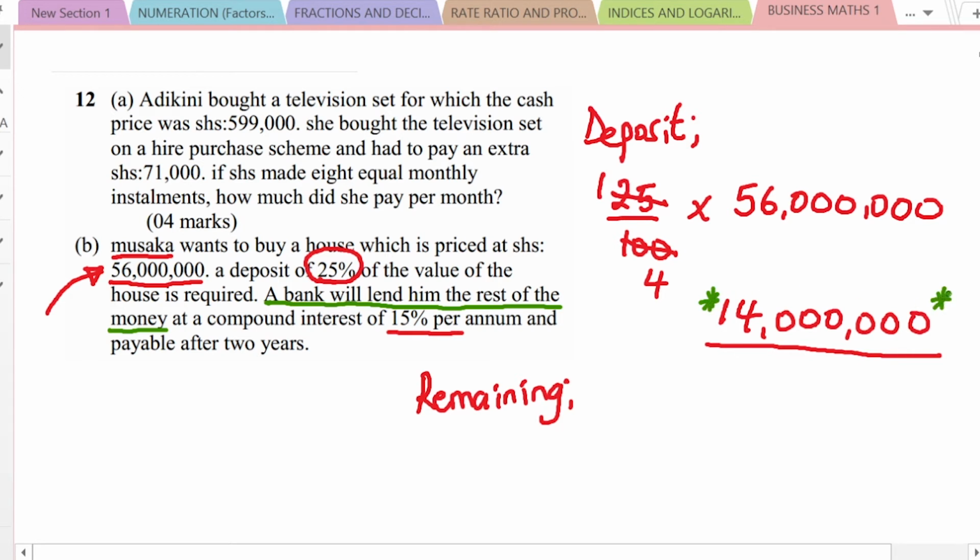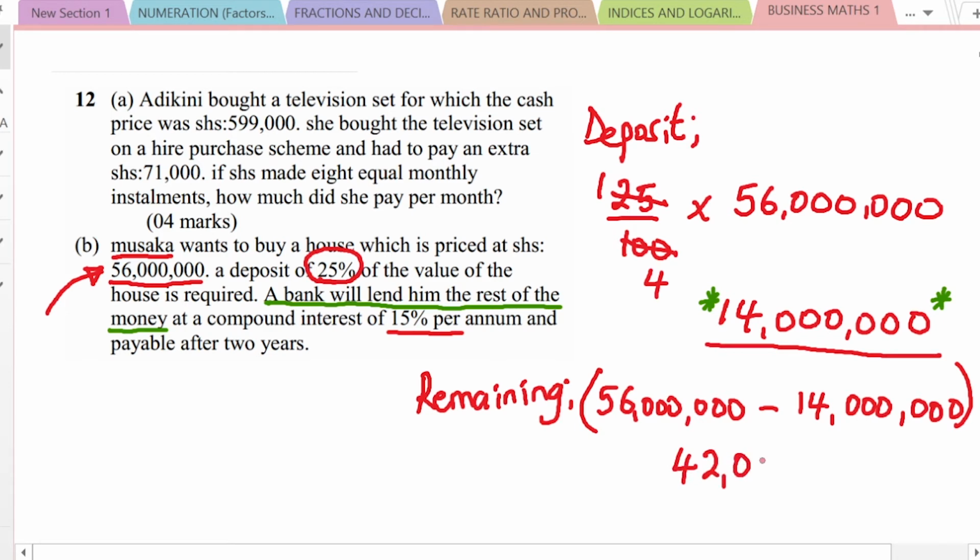So it's the 56 million minus the 14 million, the 25% deposit. Subtracting those two, we get the remaining money, which happens to be 42 million.